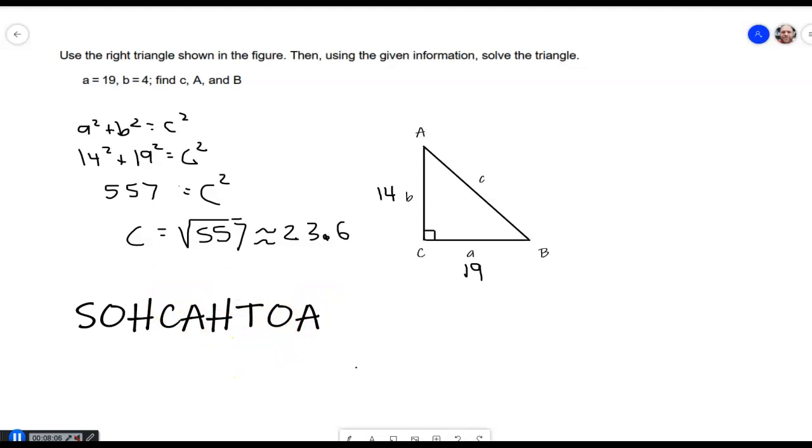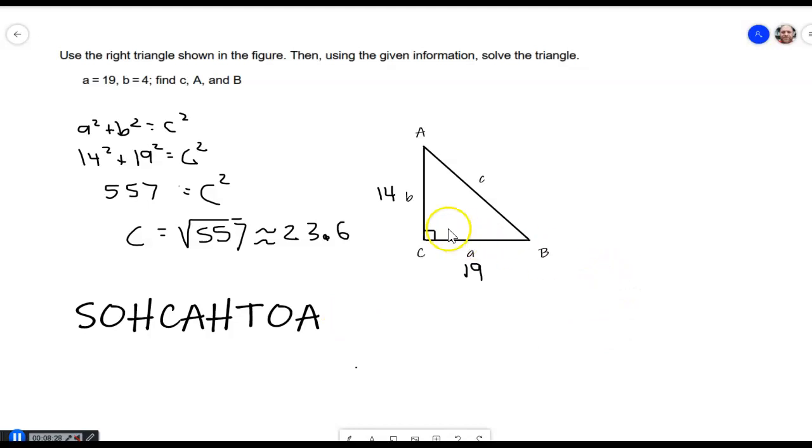And what that says is that we can look at the ratio of any two sides of a right triangle using these trig functions.